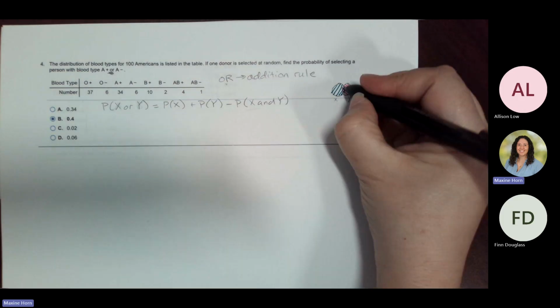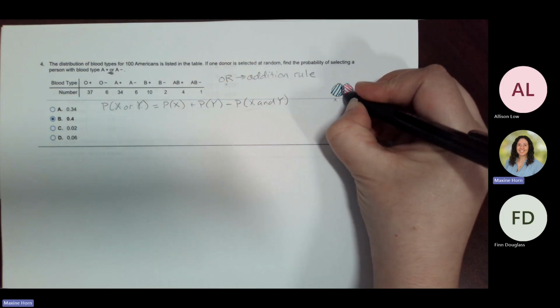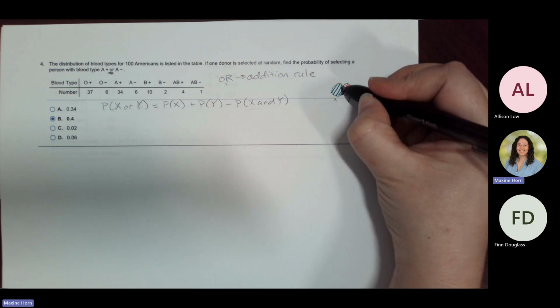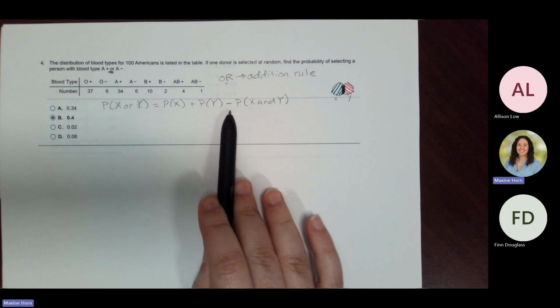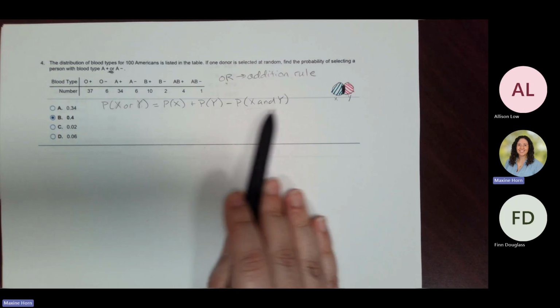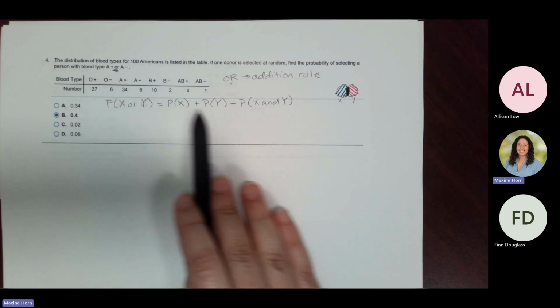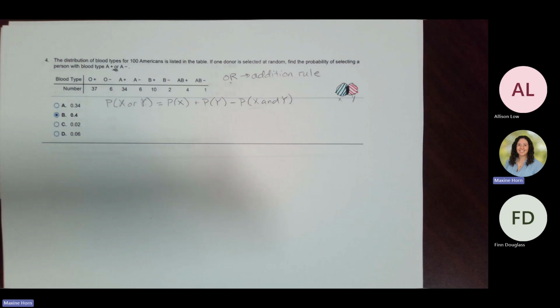I counted that middle space once for X and then once again for Y. I'm not supposed to count it twice. So that's why I have to subtract one instance of where it overlaps. That's why this rule exists the way it does. So hopefully that'll help you guys remember what the rule is.